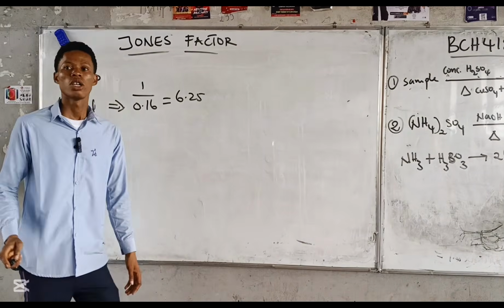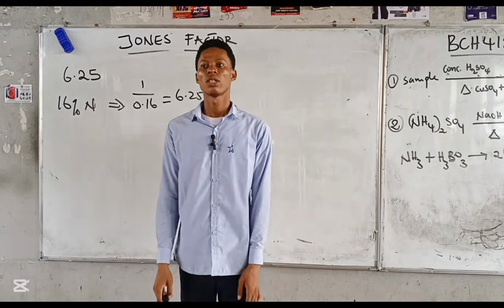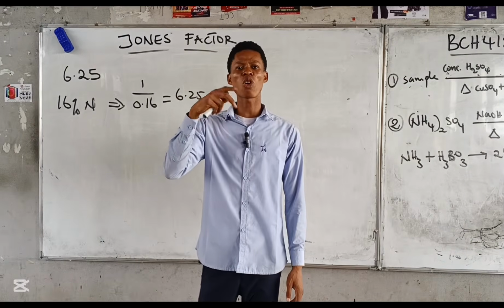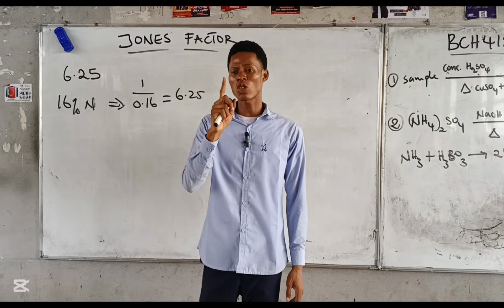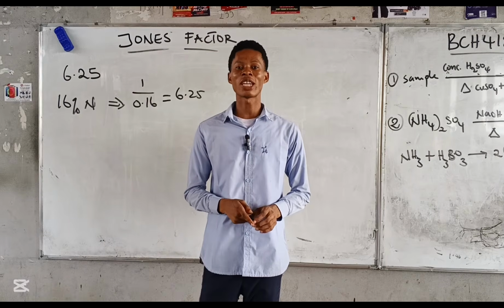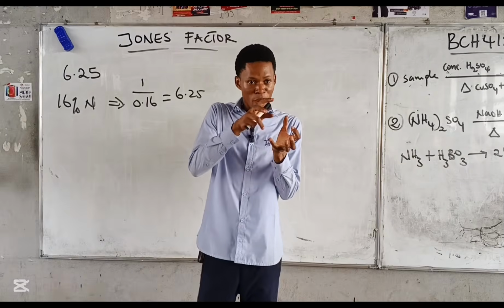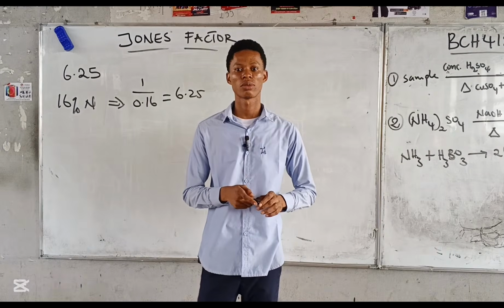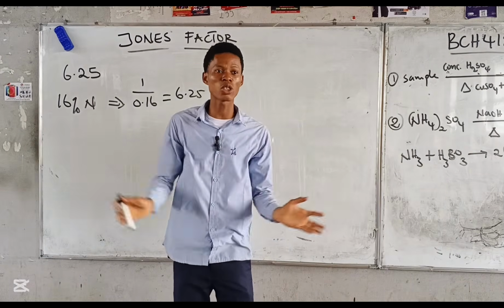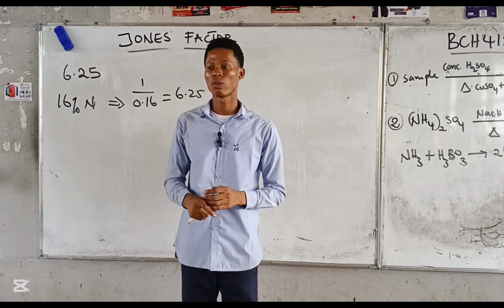Alright, so the Jones factor was faulty because not all nitrogen in a food substance is part of amino acids. But here we are assuming all the nitrogen in the food substance is from amino acids, which is not correct.